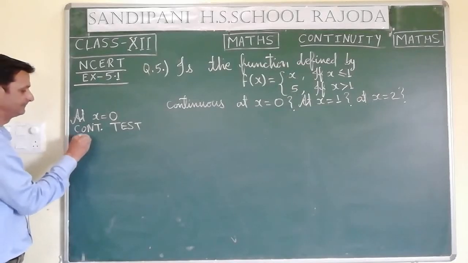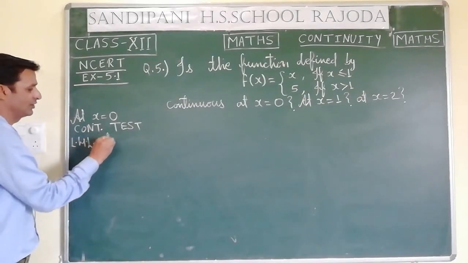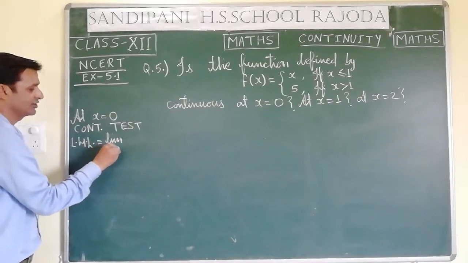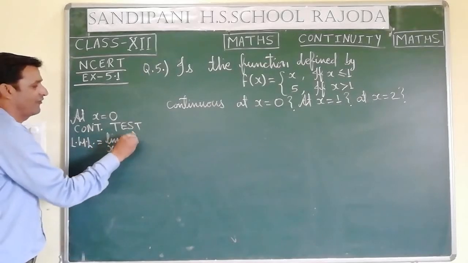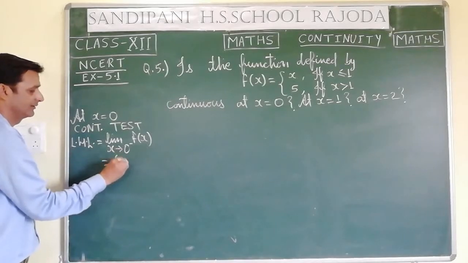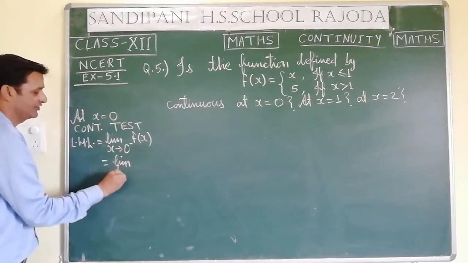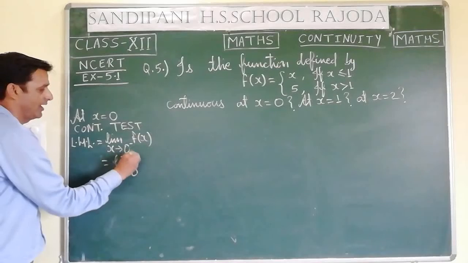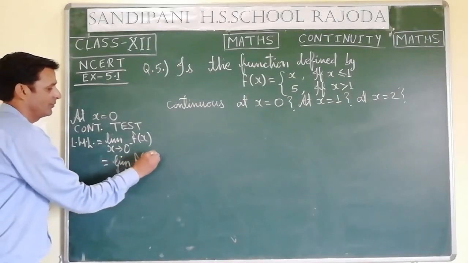LHL, that is equal to limit x tends to 0 minus f of x, which is equal to limit h tends to 0 f of 0 minus h.